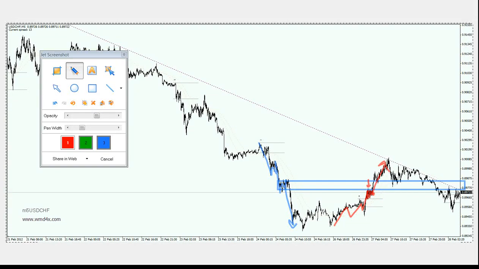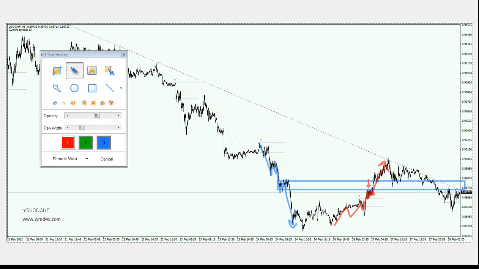So usually if you see that consolidation occurring just beneath the previous cluster, then you can expect that the price is going to end up breaking through that cluster, and that may give you confidence to determine that you've got a reversal trade on rather than a continuation trade, right?